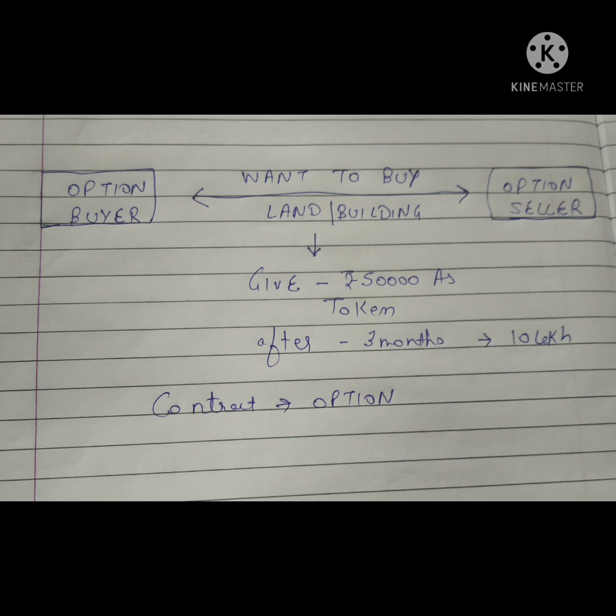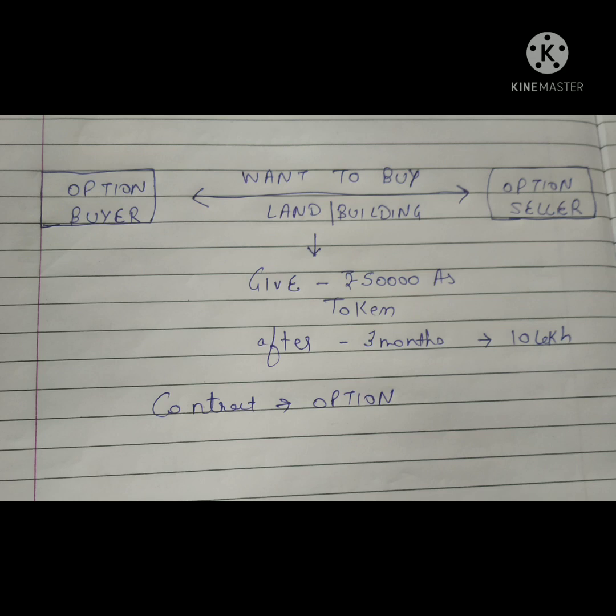He will give some token money. Why is he giving token money? Because right now he doesn't want to buy this land or property, he wants to buy it after 3 months or after 6 months. After 6 months the value of the land or building would be 10 lakh. So in advance the buyer has given 50,000 rupees.